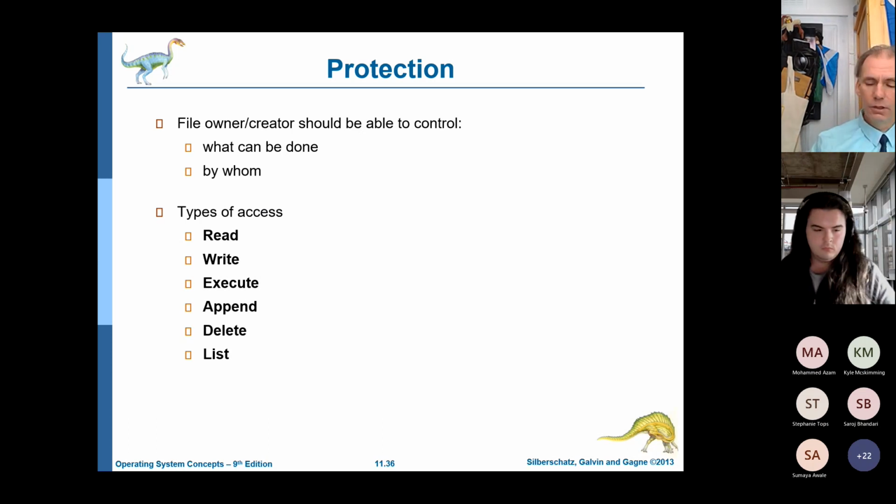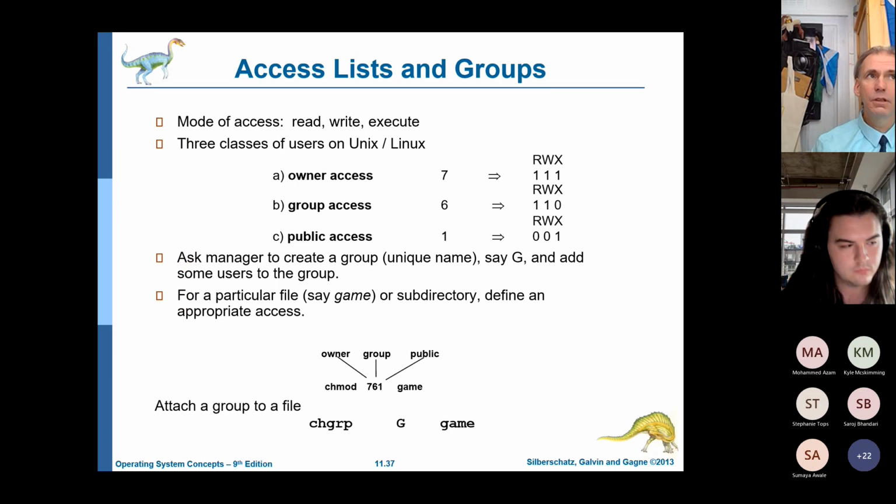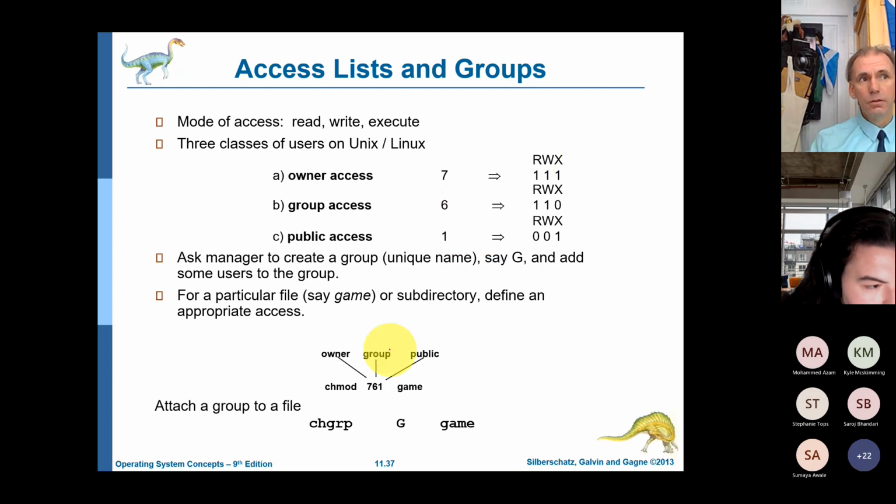For Unix and for your Linux systems, the access mode is set up like this. So we have read, write, execute, and we have 3 chunks of read, write, execute, and it uses a binary format. So it uses 1 byte. We have 3 numbers, each of 1 byte.